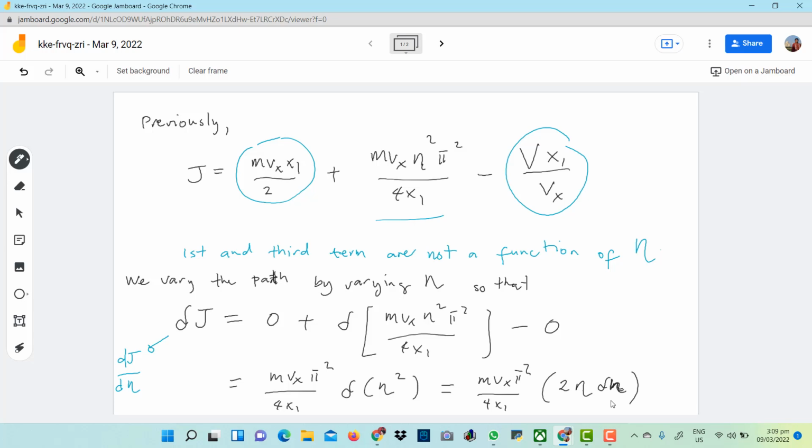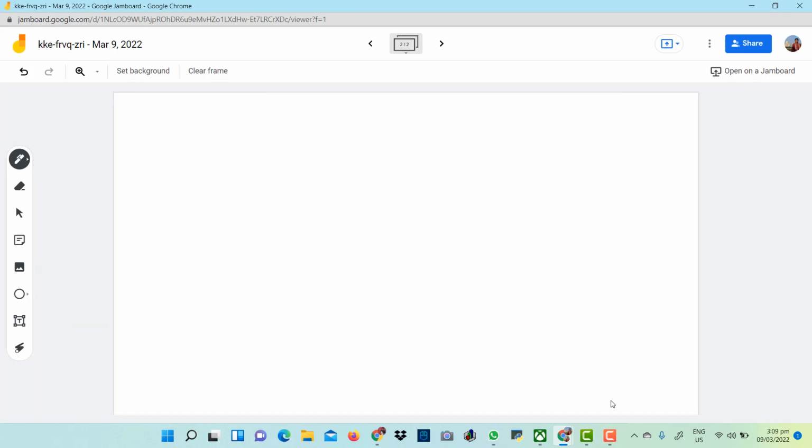The delta J is equal to pi square m vx over 2x1 times eta, the change in eta.